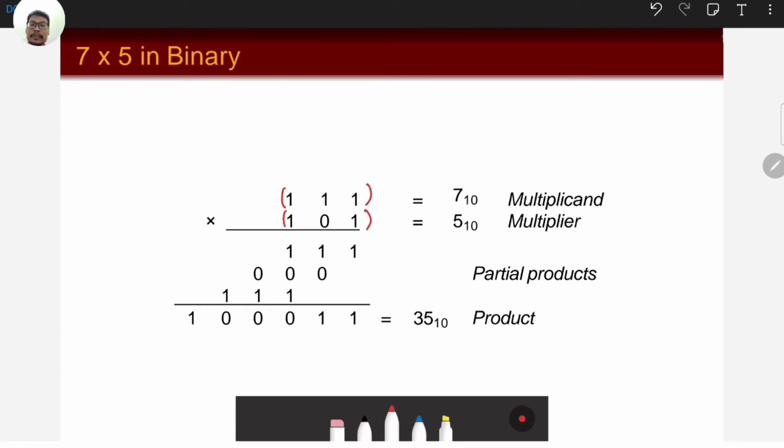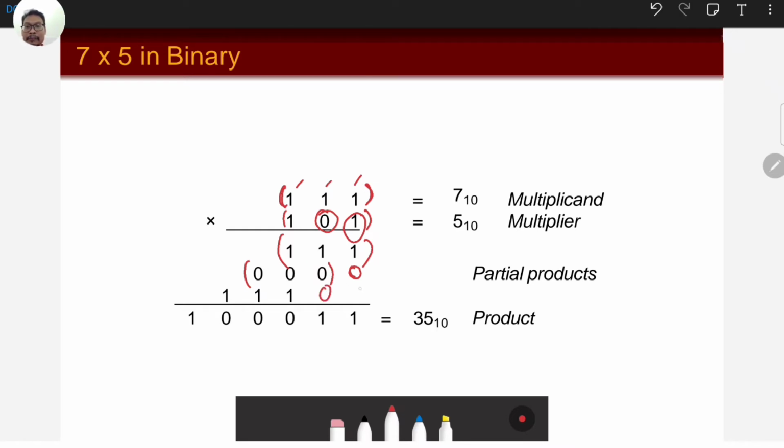So what we do is multiply just like a canonical standard multiplication in decimal. Basically we multiply 1, 1, 1 with the first 1 to get this number. And then we put 0 here. And we multiply 1, 1, 1 with this 0 to get 0, 0, 0.